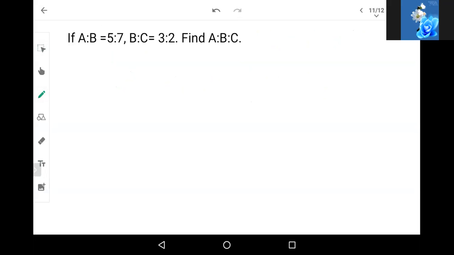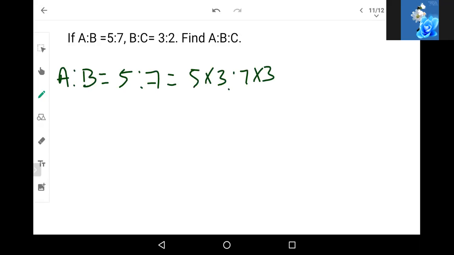So what do you have here? You have to multiply. A is to B should be multiplied with 3. So 5 into 3 is to 7 into 3. Correct? 5 3s are 15 is to 7 3s are 21.